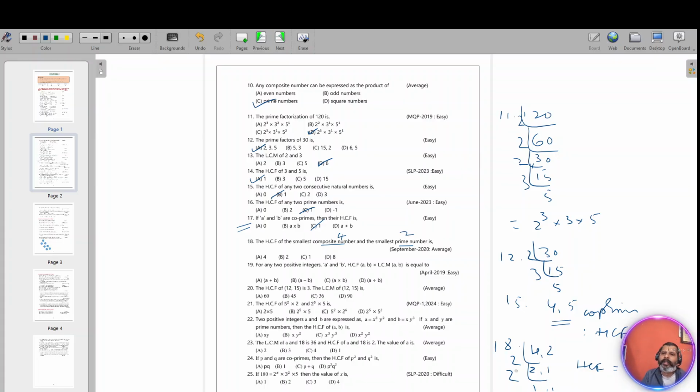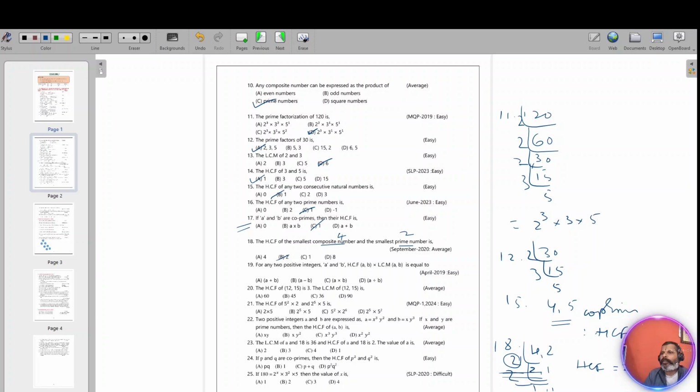HCF of 4 and 2: only 2 will go. So it is 2. I'll give a clue: if one number is a factor of another number, then the smallest is the HCF and the highest is the LCM. That is a clue.